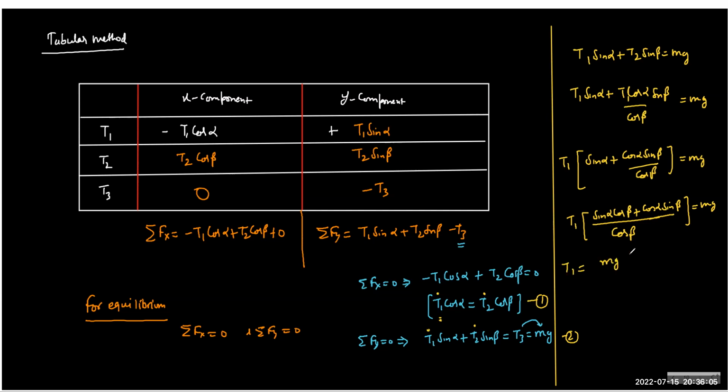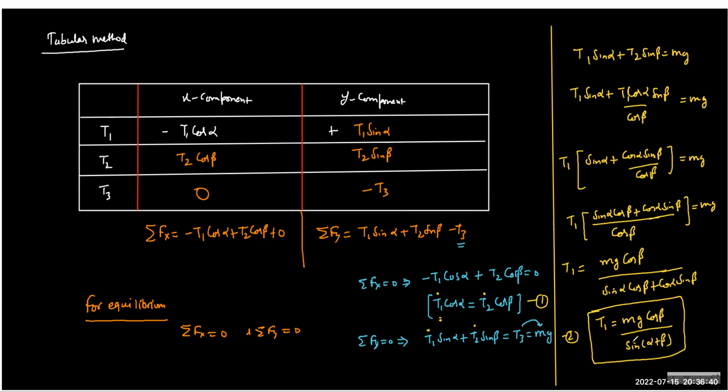So sin alpha cos beta plus cos alpha sin beta. This is a nice way of writing, of course. Even if you're getting this answer, this is the correct answer. But after learning trigonometry, you will come to know this formula is called the angle sum formula, and this we can rewrite as sin of alpha plus beta.